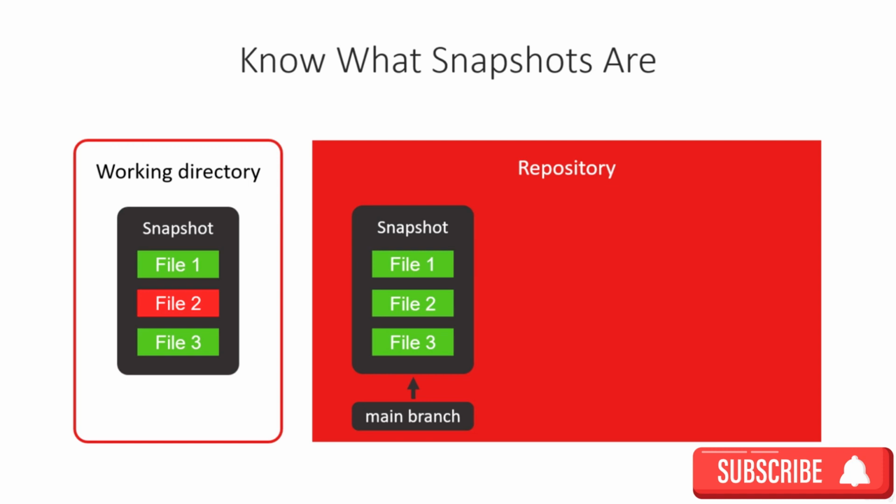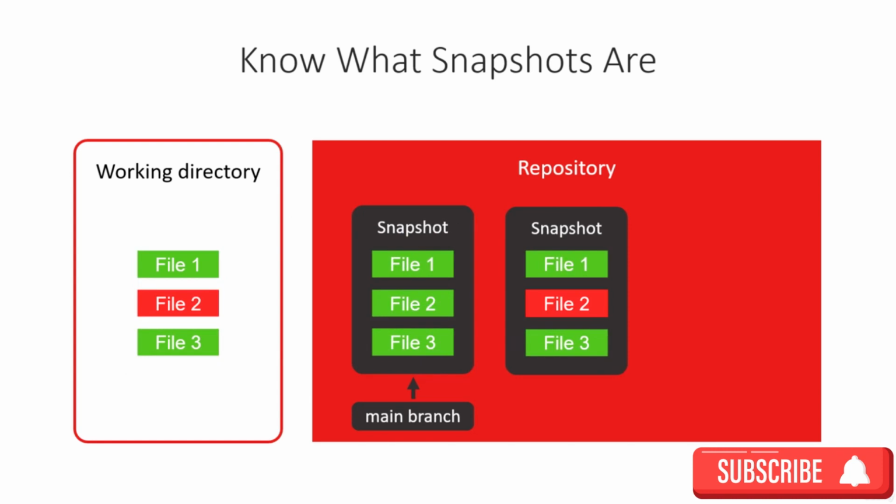With a commit, a snapshot of all your files is taken, which means that the current state of all your files is recorded and stored. So, that new snapshot is also stored in the repository, and then the main branch is changed automatically so that it points now to that new snapshot, respectively to that new commit.